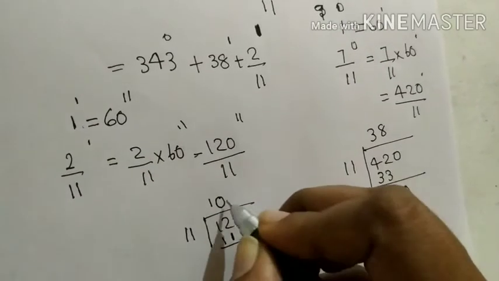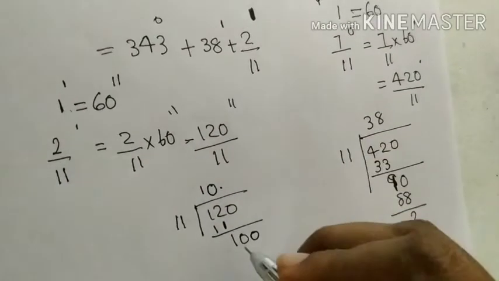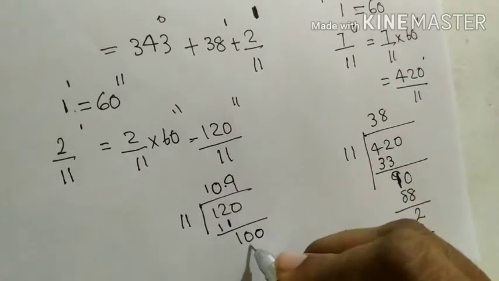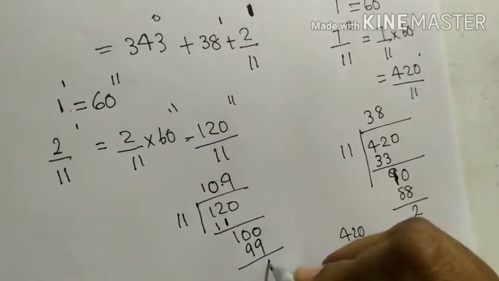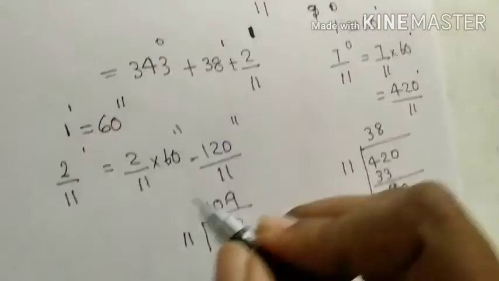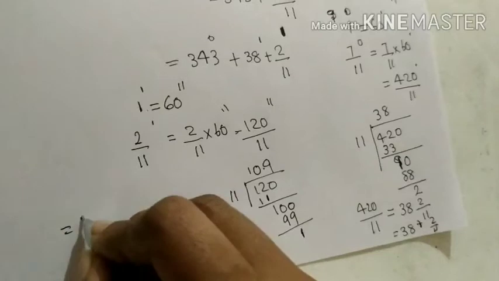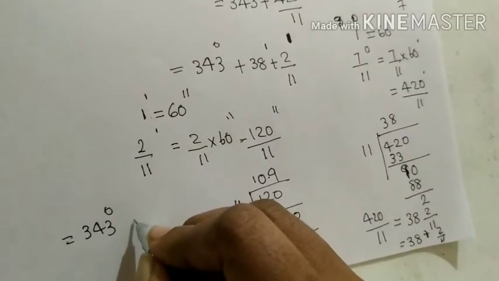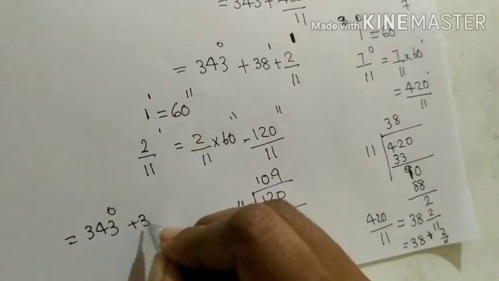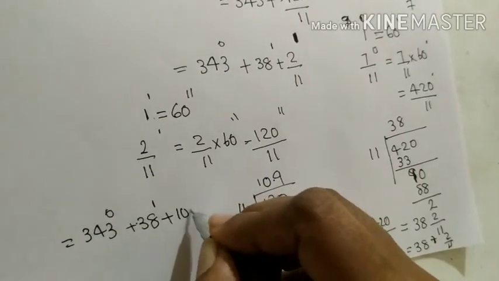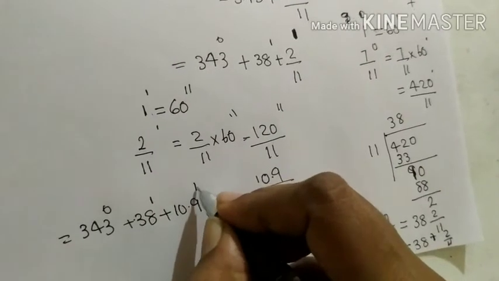Okay, so point, I'm going to add a 0 here, so we know that 9 into 11 is 99, right? So this is equivalent to 343 degree plus 38 minute plus 10.9 second.